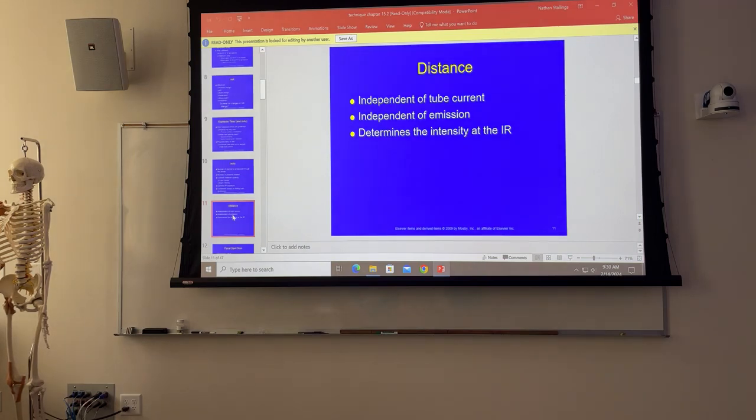So that's why I say inverse square law. You increase distance, the intensity at the image receptor decreases by the square of the change in the distance. So if you double your distance, you go from 40 inches to 80 inches, then the intensity striking the image receptor is going to decrease by a factor of 4, right?